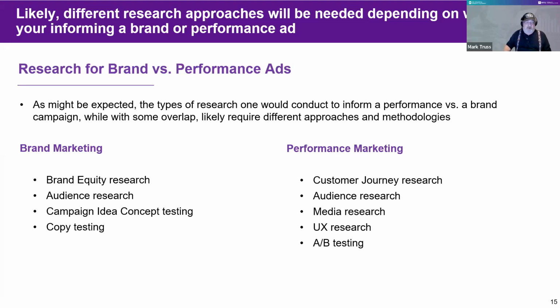So what we talked about in an earlier lecture, MTA, multi-touch attribution: how do they get from there to here? User experience research and A/B testing: which of these 2, 3, 4, 5 calls to action are more likely to drive people, and then put more media weight there?